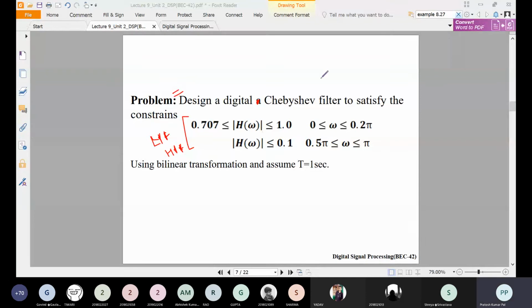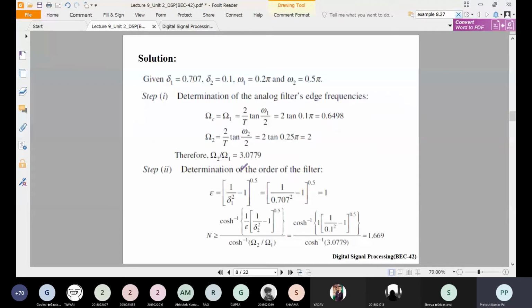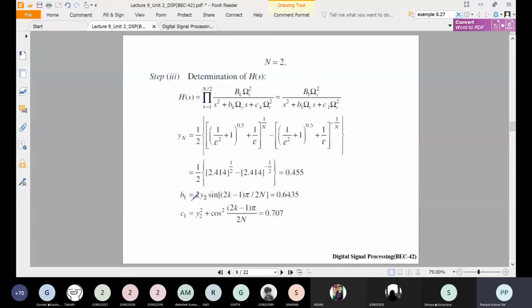Okay, so this is a specification of a low pass filter, and we need to design a digital Chebyshev filter by using the bilinear transformation method. In the previous one, it was the impulse invariant method. In this case, we need to find the digital Chebyshev filter by using the bilinear transformation method. All the steps will be the same up to finding the n value, and after that, finding the transfer function.